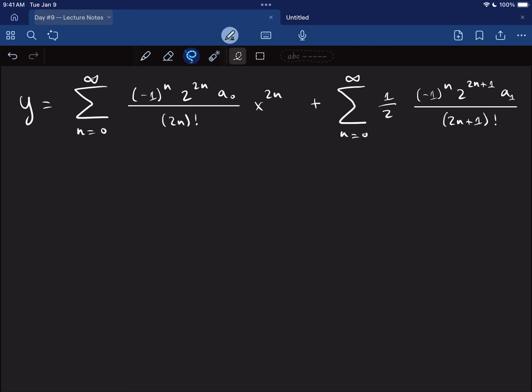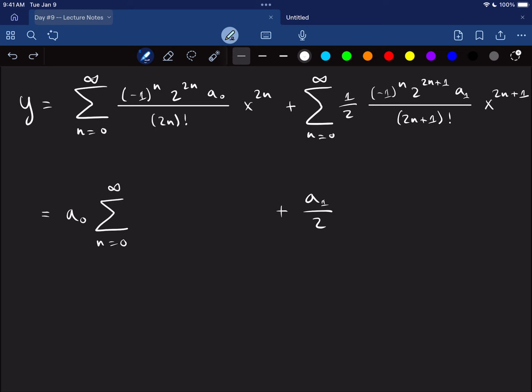I say that and then I give myself no space to bring that out front. A naught times that sum plus 1/2. I'll just write it this way instead of 1/2 times A1. I'll just write it as A1 over 2. Sum n equals 0 to infinity.